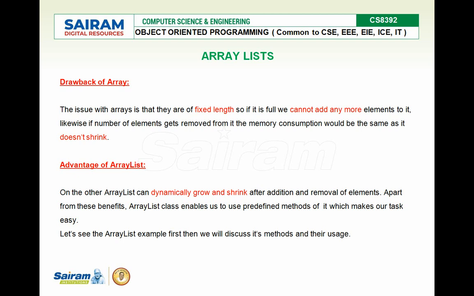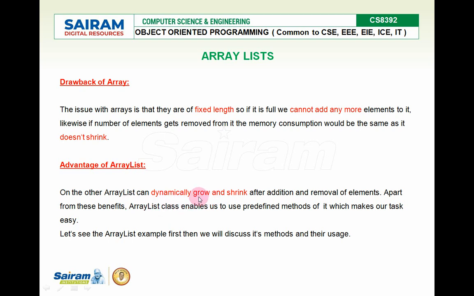As I said already, in a built-in array, the size of the array is fixed, that is the problem. If the array is full, we cannot add any more elements, and the same way if the array has a lesser number of elements, we can't shrink it or remove the unused spaces. That problem has been resolved in the ArrayList, so the ArrayList can dynamically grow.